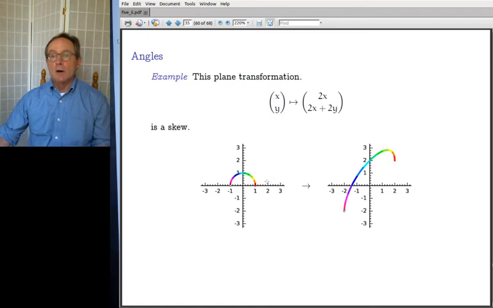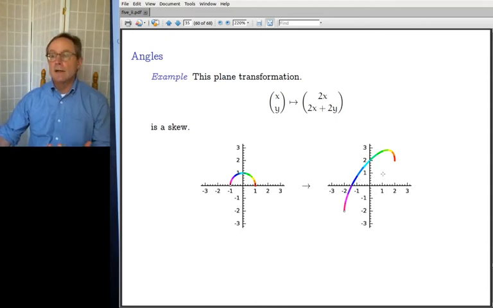Pointing out the point of the colors: can you see that it goes red, orange, yellow, green, blue, indigo, violet? And here it goes red, orange, yellow, blue, indigo, violet. So the red points map to the red points, the blue points map to the blue points, and so on. A person gets some idea of who maps where because I included the colors. This was a very easy program to write.